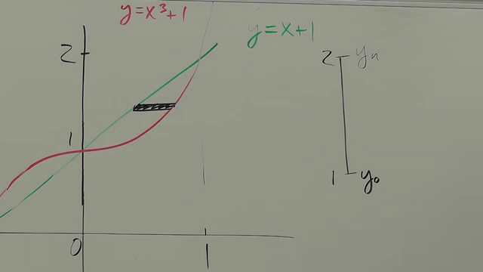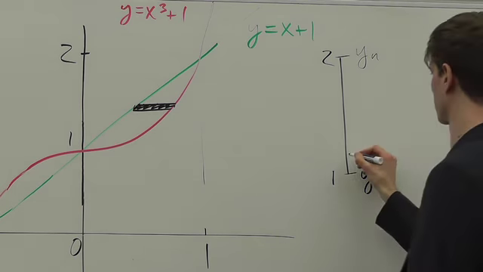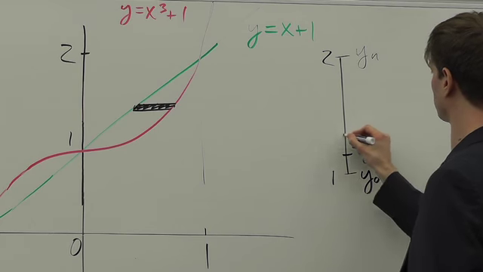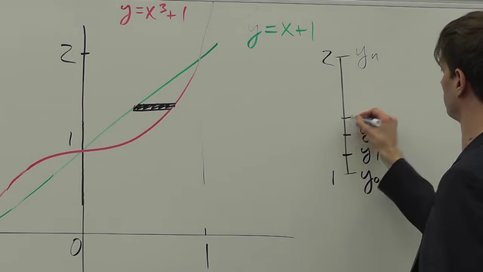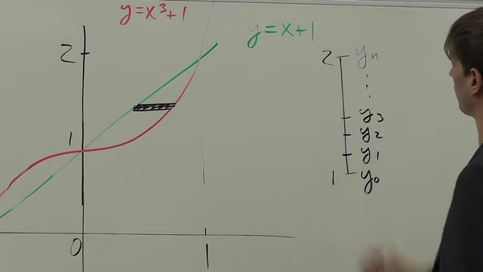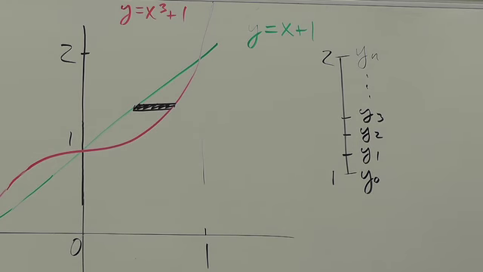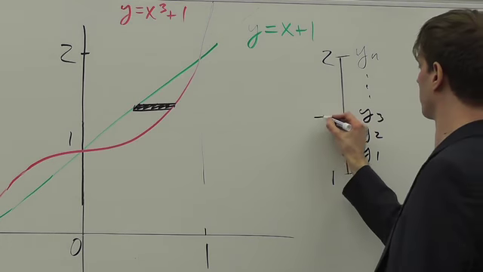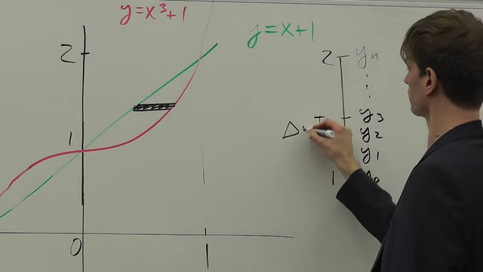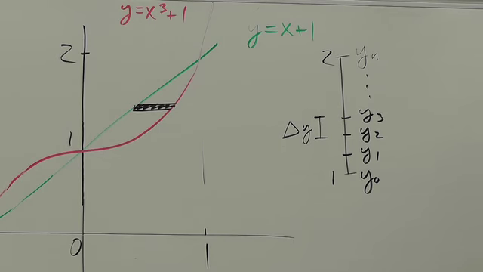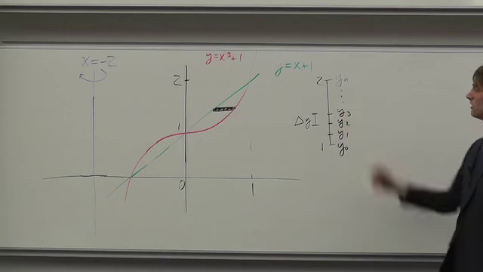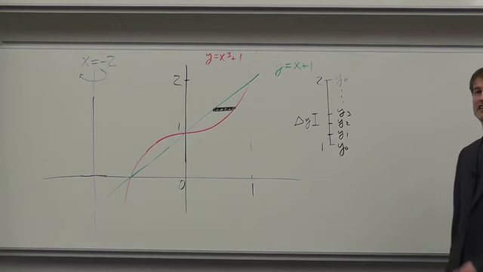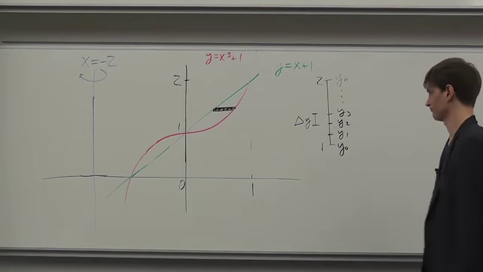Nothing's really changing apart from the fact that my diagram is now vertical rather than horizontal. y1, y2, y3, and so on. We're chopping it into n equal pieces, and each of them has width delta y, and delta y, of course, is 1 over n, because the length of the total interval is 1, and there are n subintervals.